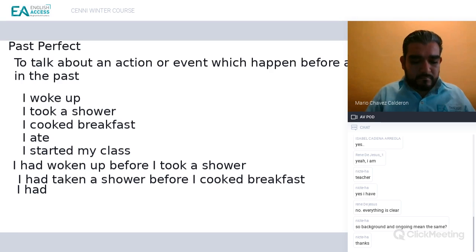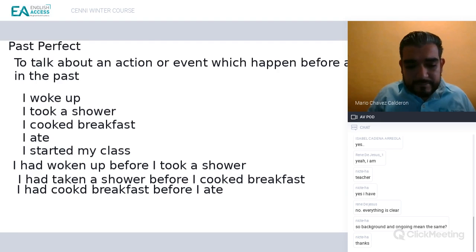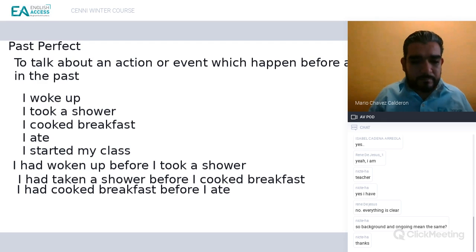I had cooked breakfast before I ate. Had cooked breakfast is the first activity, so it goes in past perfect. I ate is the second, so it goes in simple past. The last one.